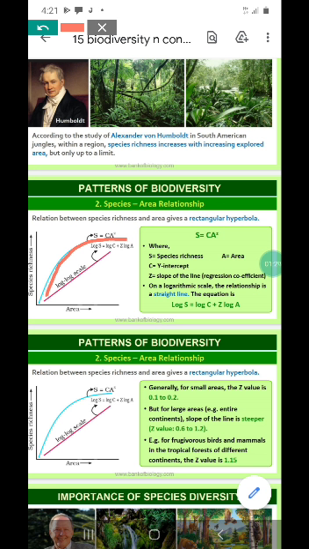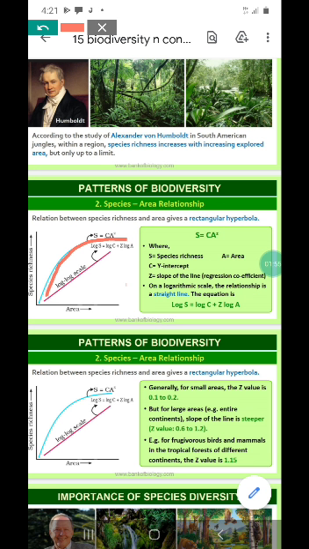This hyperbola is given by the equation S is equal to C A power Z, where S is the species richness, A is the area, Z is the slope of the line, or slope of the regression coefficient, and C is the y-intercept.